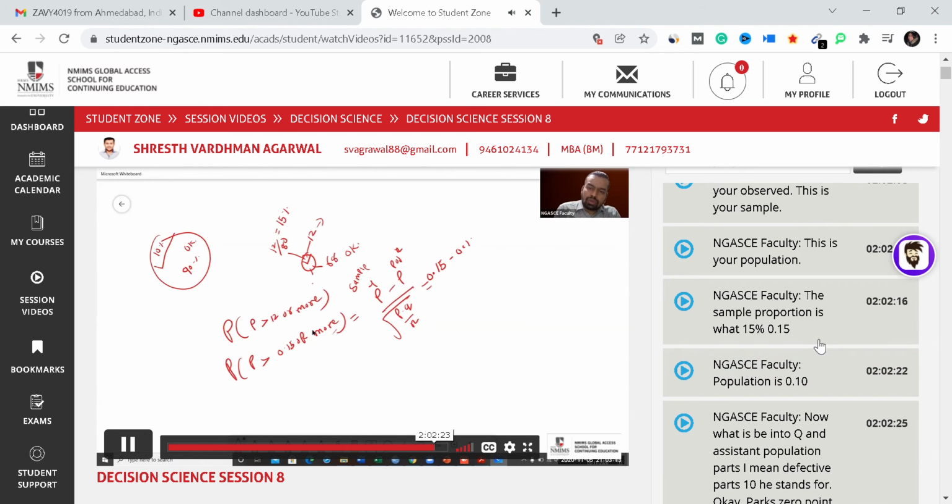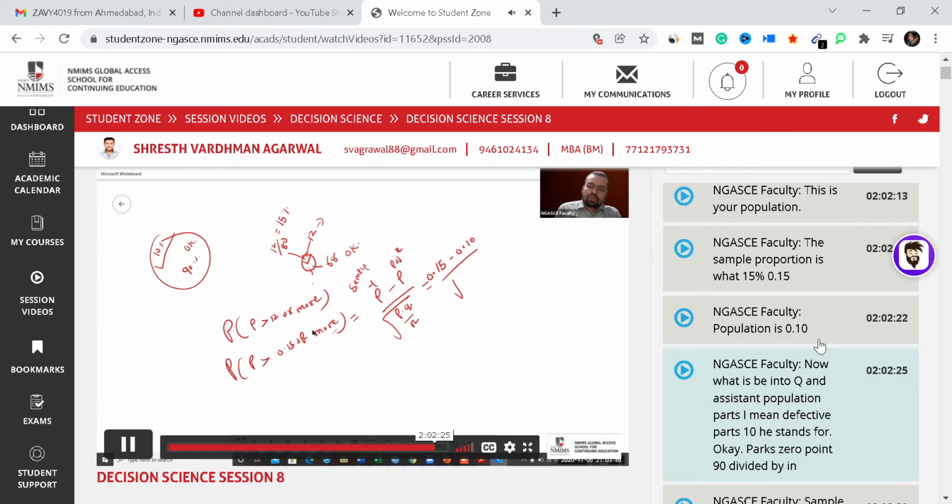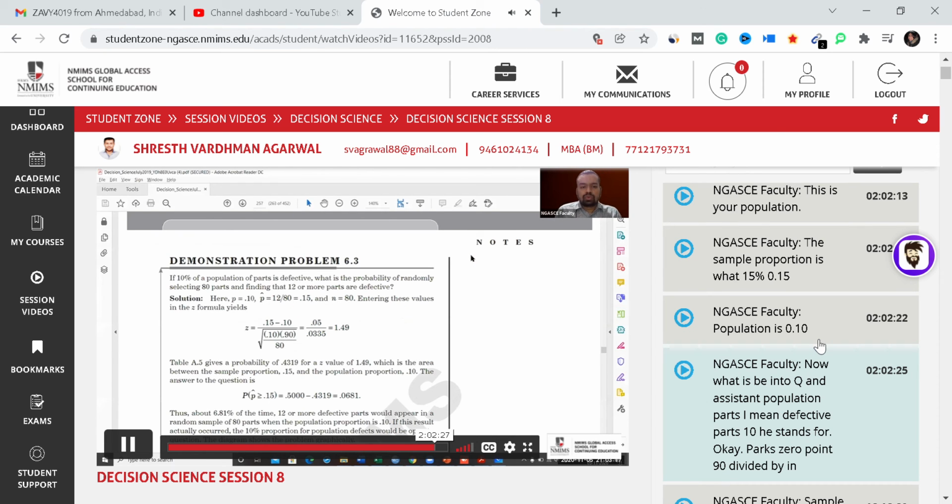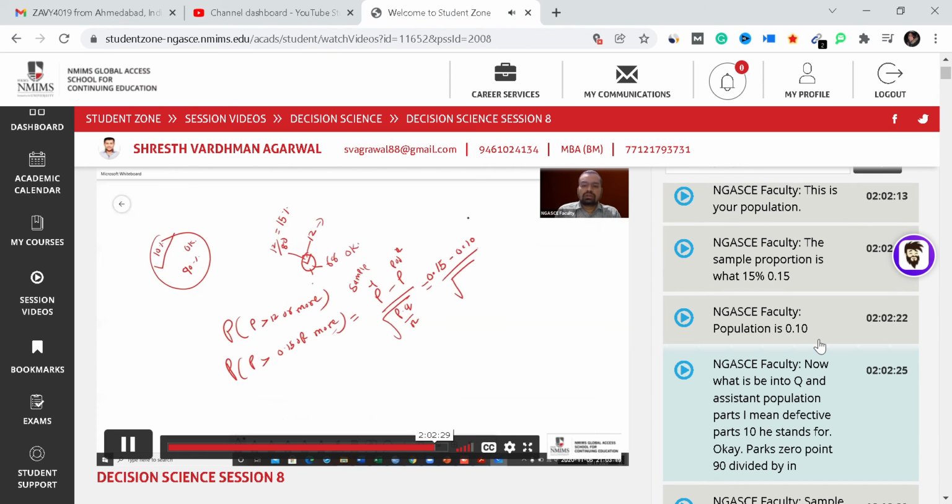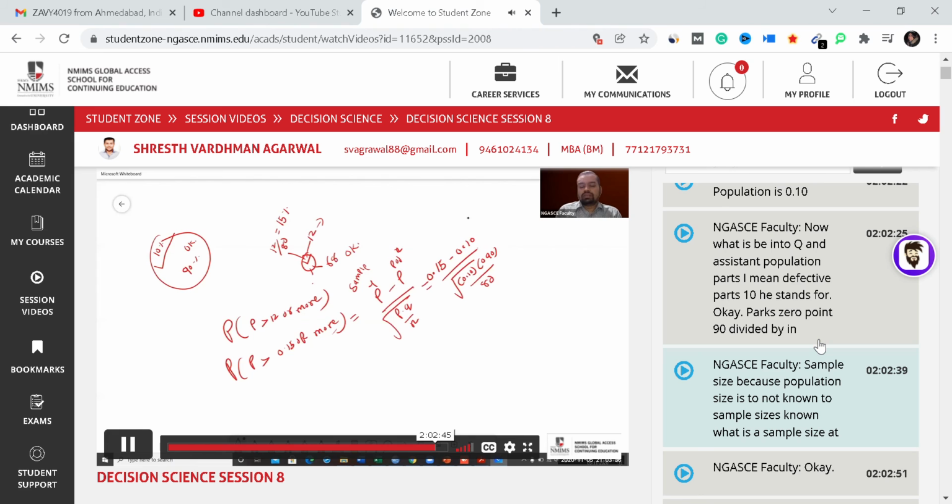Population is 0.10. Now what is P into Q? P is the defective parts, 0.10. Q stands for okay parts, 0.90, divided by N, the sample size, because population size is still not known, but the sample size is known. What is the sample size? 80.